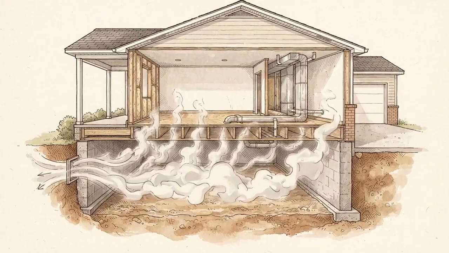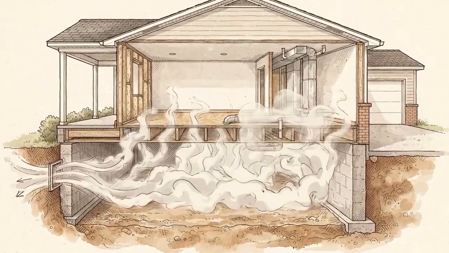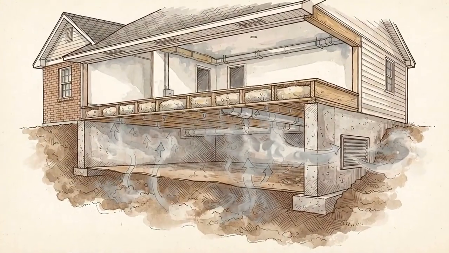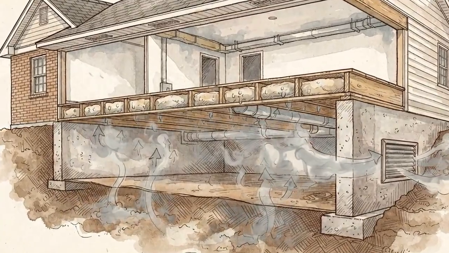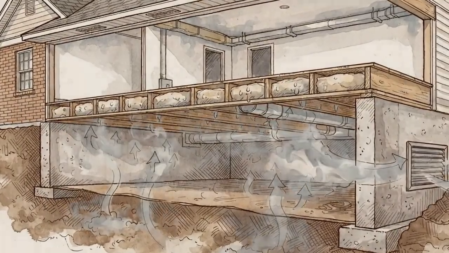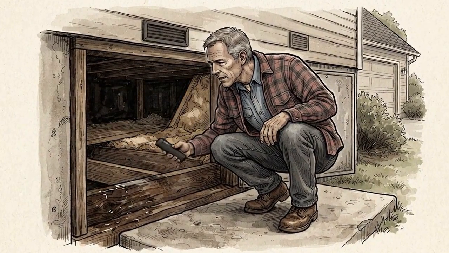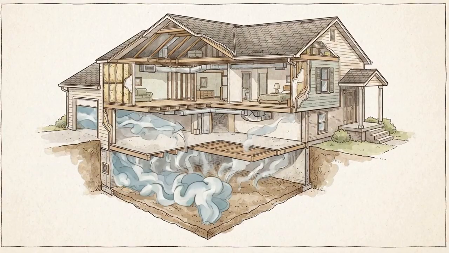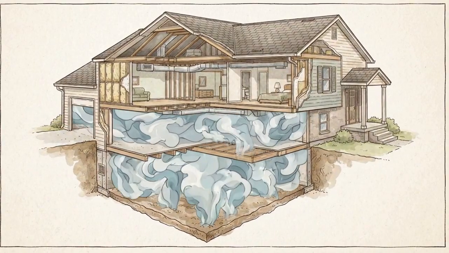Now, layer the second variable on top of this. Most crawl spaces have exposed soil on the floor. No concrete, no barrier of any kind. Just dirt. That soil is not dry. Building Science Corporation researchers measured in unencapsulated crawl spaces that exposed soil can contribute several gallons of water vapor per day.